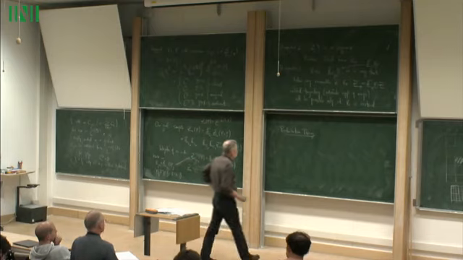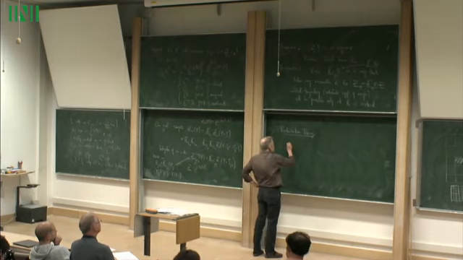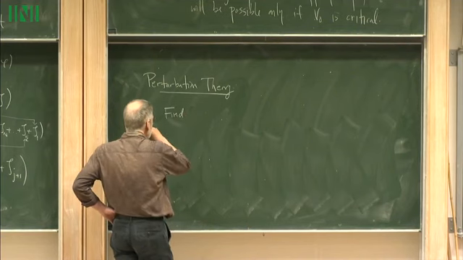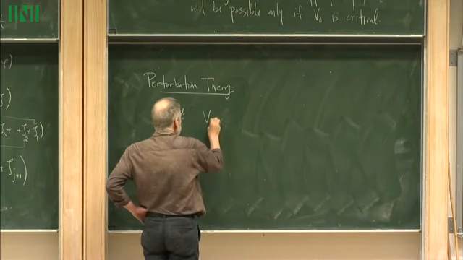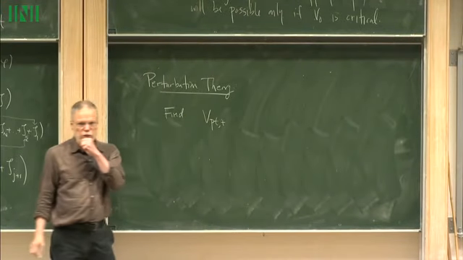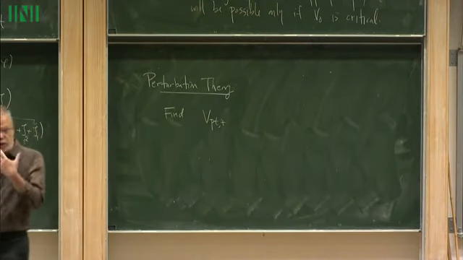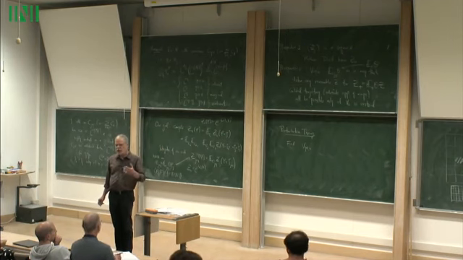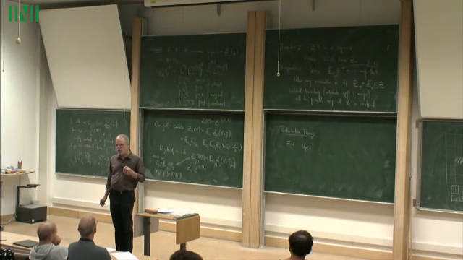So the first problem in perturbation theory was already solved by Anti. So we want to find a VPT, I'll call it VPT plus, which is a new version of V, which is the 1/4 g phi to the fourth plus 1/2 nu phi squared.